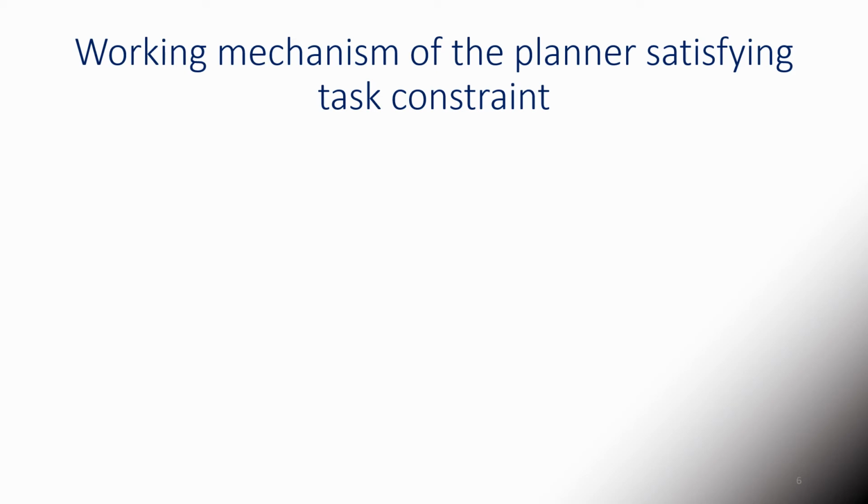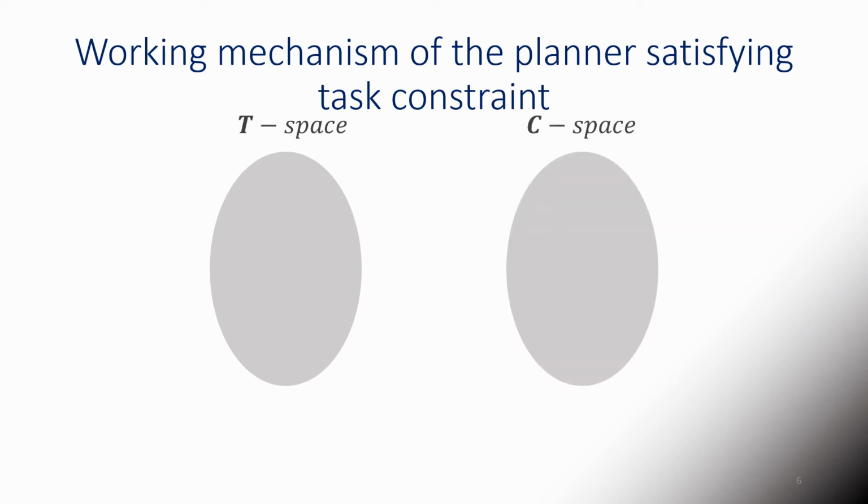Here, I will provide the intuition of the working mechanism of the proposed planner. Suppose the gray oval area on the left represents the task space of a manipulator, and the gray oval on the right represents the joint space of the same manipulator. The initial and goal end effector poses in the task space are given by the red and green circles respectively, and the corresponding initial joint angle is given by the red circle in the joint space region.